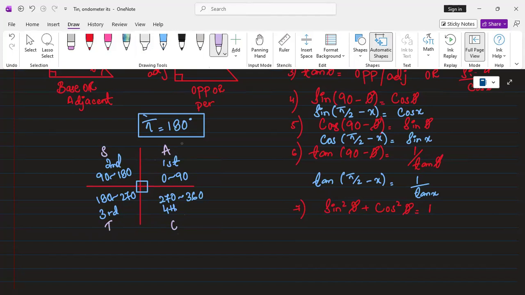So what does this A represent? This A represents all positive. So in the first quadrant from 0 to 90, all of sine, cos, and tan will give you a positive answer. But if the angle range is between 90 to 180, in that case only sine is positive. In the third quadrant, only tan is positive, and in the last one, only cos is positive. Okay? So you just need to remember this ASTC, all, sine, tan, and cos.